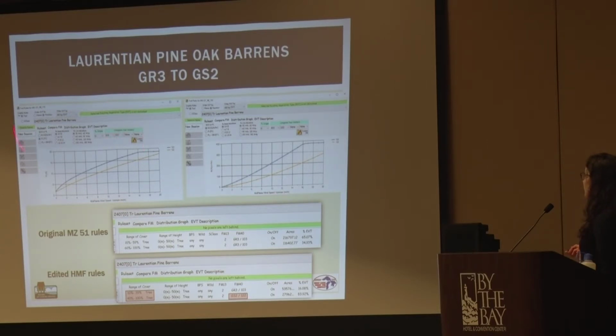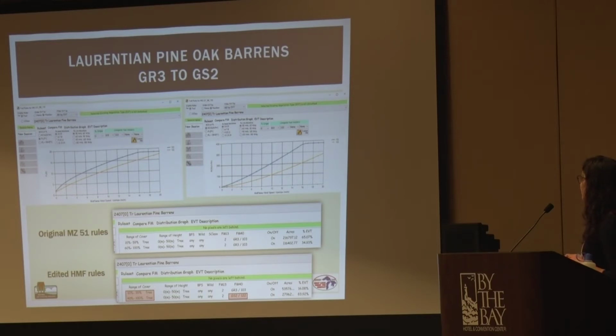You can do this right in the tool in ArcGIS, but there's other ways to do it, and Persephone was working with an Excel tool called Compare5. I don't know if you guys have heard of it, but I have it if you're interested, for making these types of graphs and then looking at them and some of their burn data and saying which one of these makes more sense in this existing vegetation type, the Laurentian pine barrens.